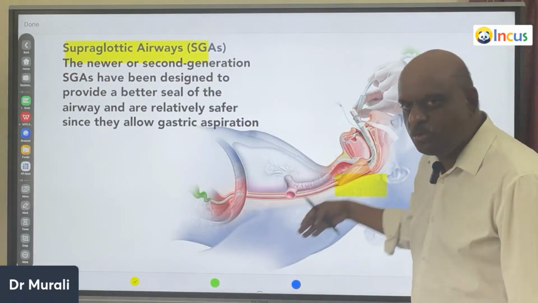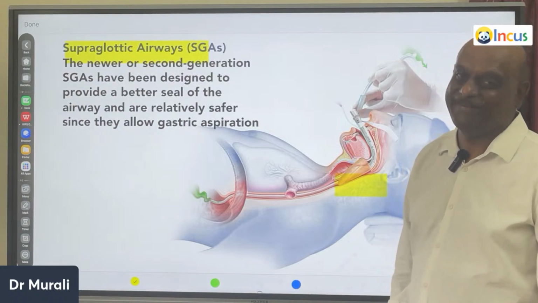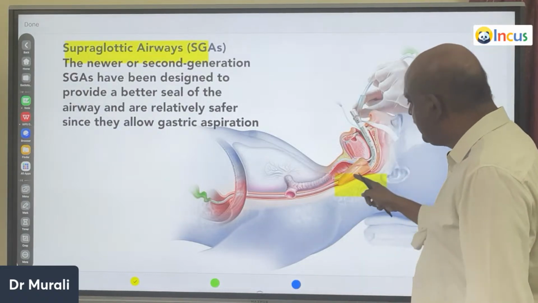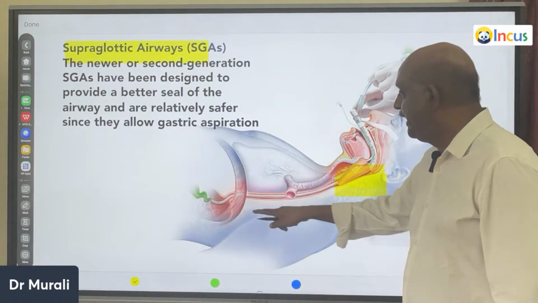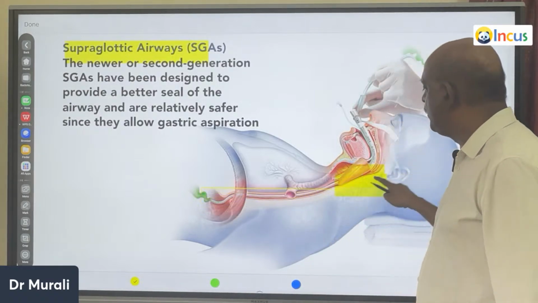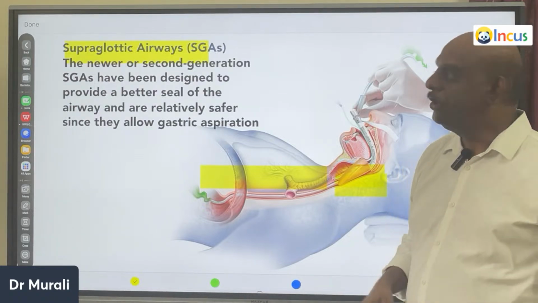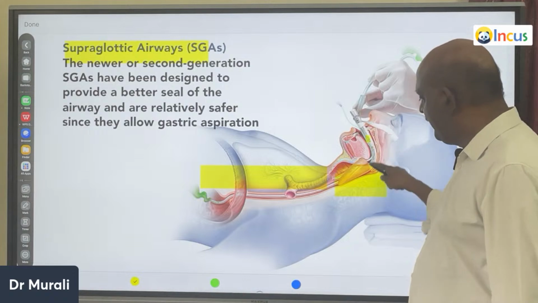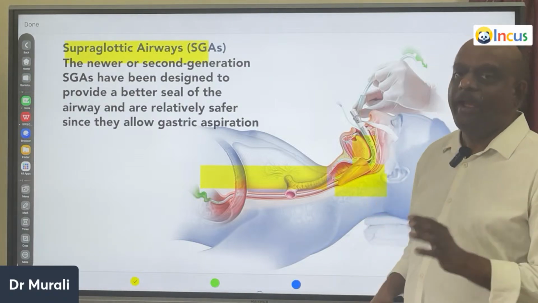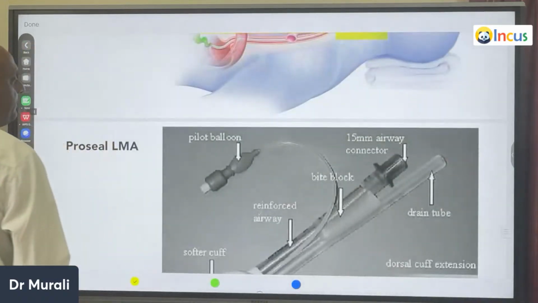Intubation means you are passing through the vocal cords into the trachea. Endotracheal intubation means that. So this is above the level of the glottis. It provides protection from the fluids in the gut going into the respiratory tract. The supraglottic airways are designed to provide a better seal of the airway and are relatively safer, is what you need to remember.